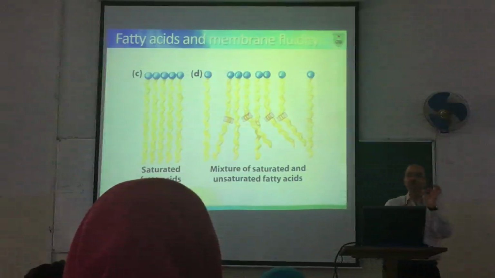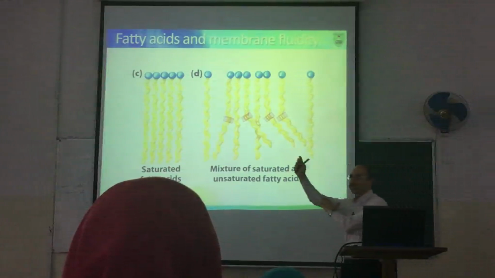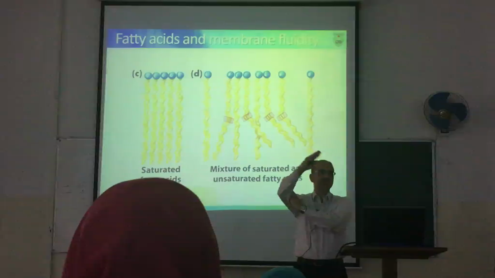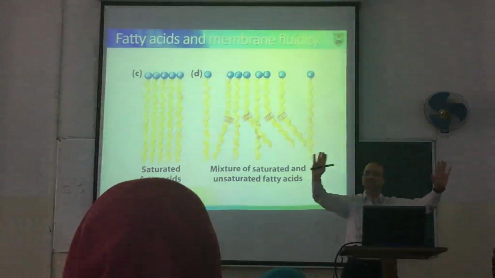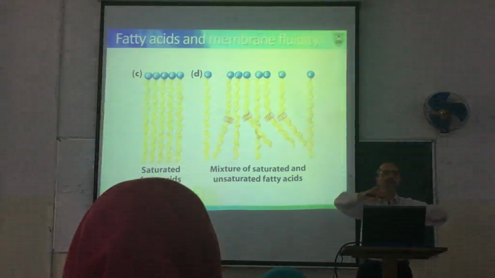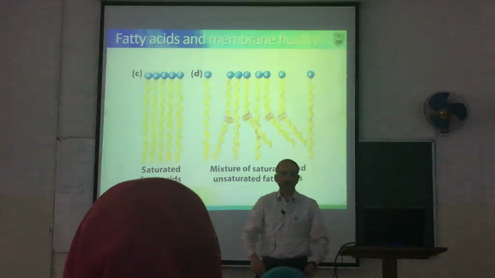لأنه عندنا mainly those bonds are in the cis orientation. صحيح؟ ففي عندي kink طعجة هيك. Right? هذه بتخلي the spaces between the fatty acids making the membrane fluidic. Correct.